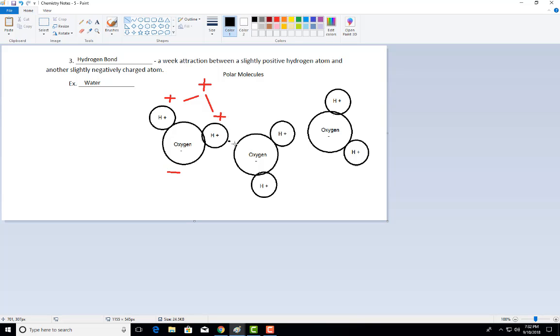So right in between here, we'll get these little hydrogen bonds. And just for a moment, these two are slightly attracted to each other, and so forth and so on. This is one reason that it starts to give water some special properties, because it's like little magnets.